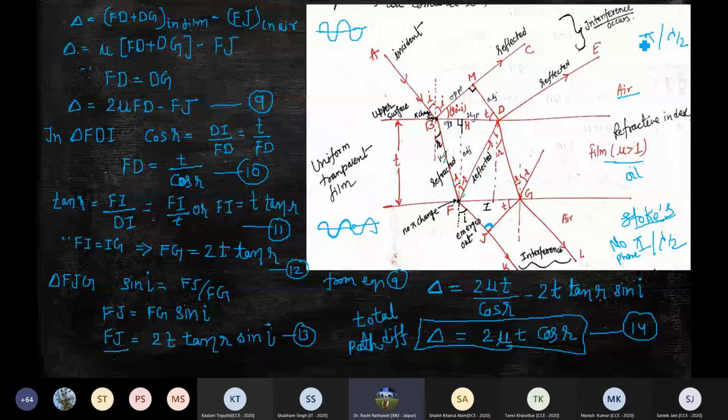Here is lambda by 2, and this is completely lambda, the wavelength of a wave. This is lambda, and this is lambda by 2, so the second wave will start from here. So there is a difference between the two interference patterns. I think you got a little bit about it.